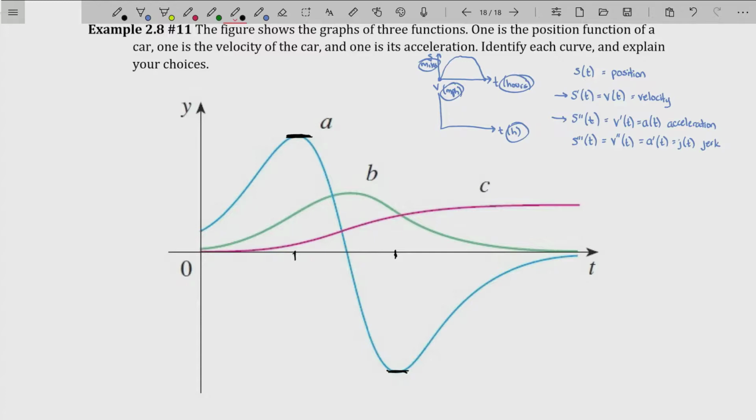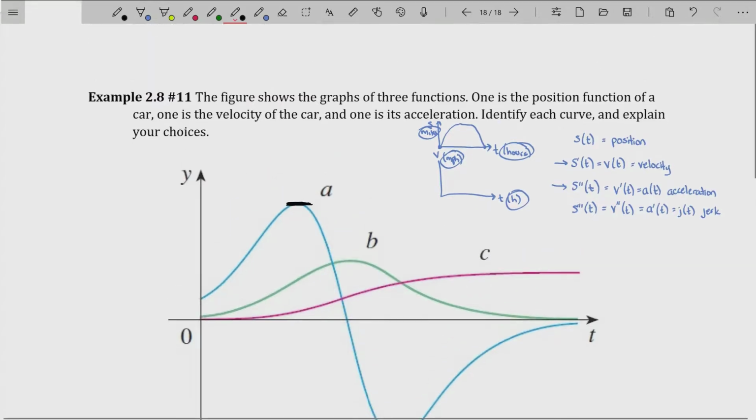So because this blue curve does not have any apparent derivative curve sketched here, this blue curve is the acceleration. It must be, because that's the only curve that doesn't have a derivative sketched. Remember, they gave us position, velocity, and acceleration, which is S, S prime, and S double prime.